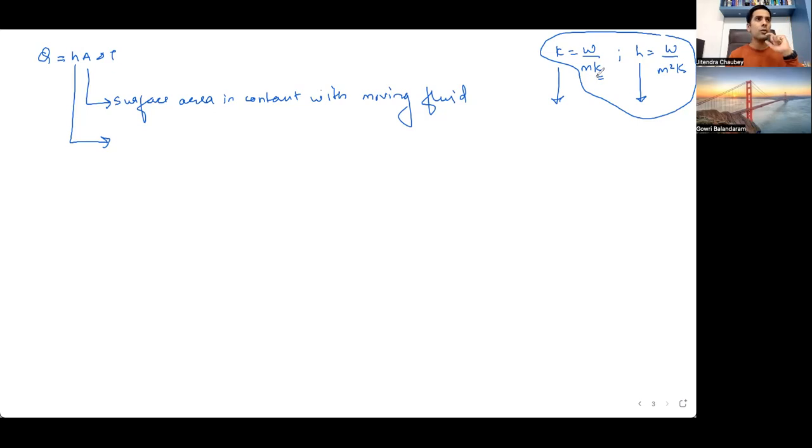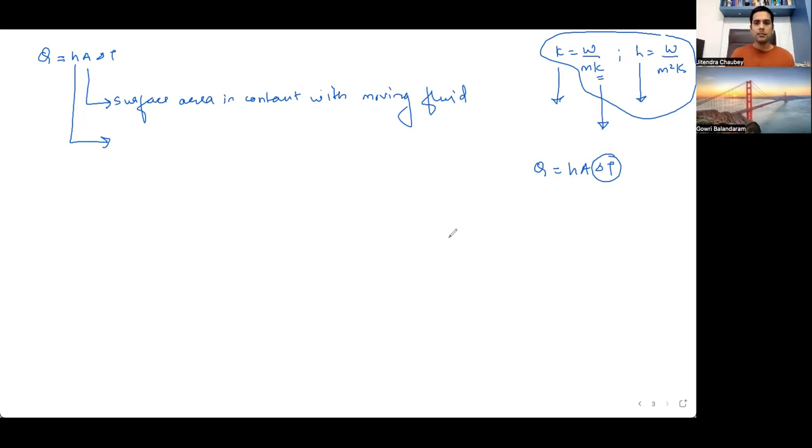Would you want to know the reason behind it? Simple. It comes from Q equal to hA delta T. The delta T is the difference of temperature. No matter if the temperature is in Kelvin or degree Celsius, the difference will always be the same, because Kelvin and degree differ by an addition.